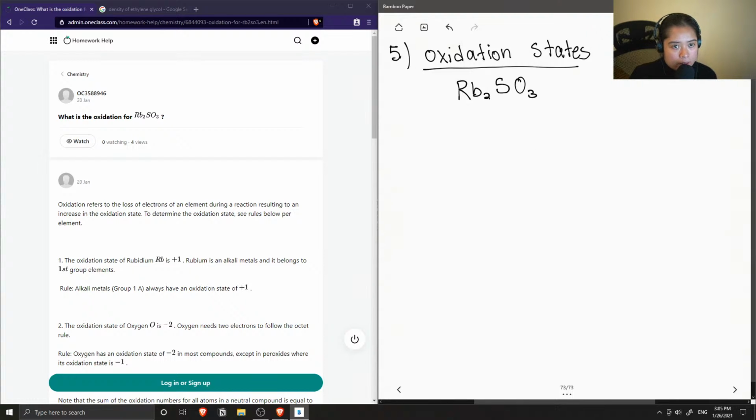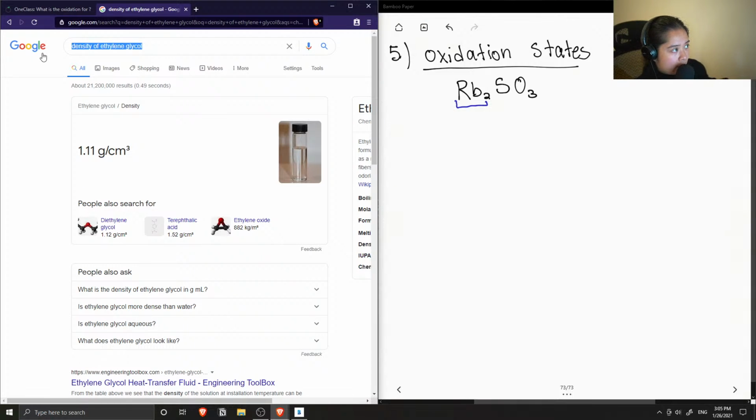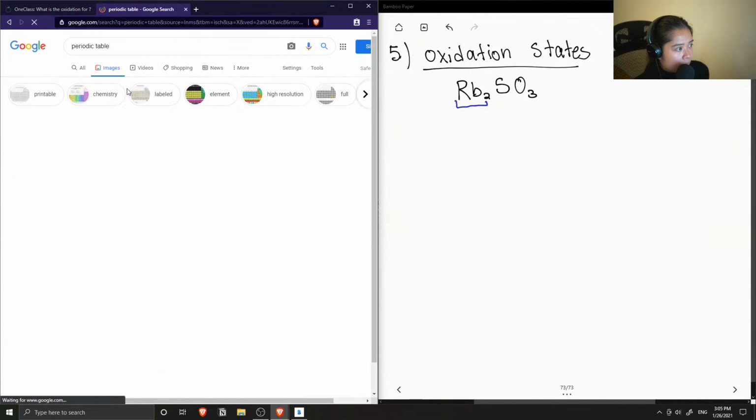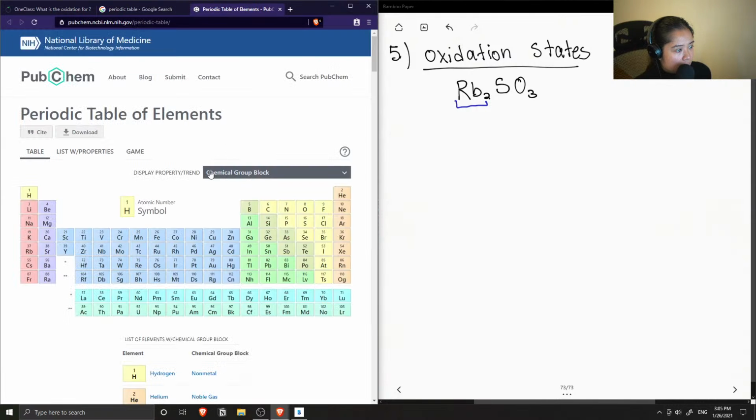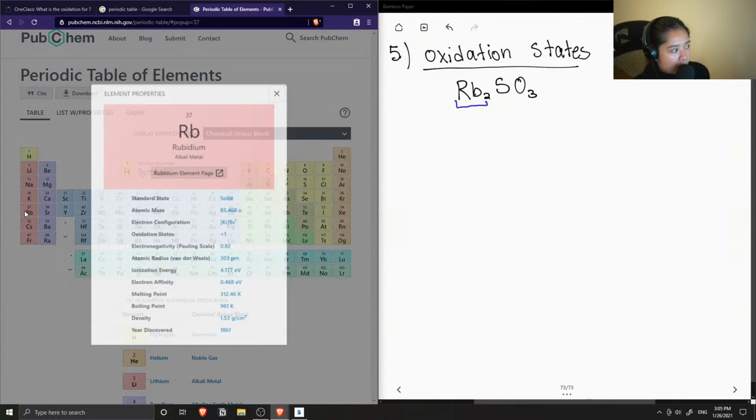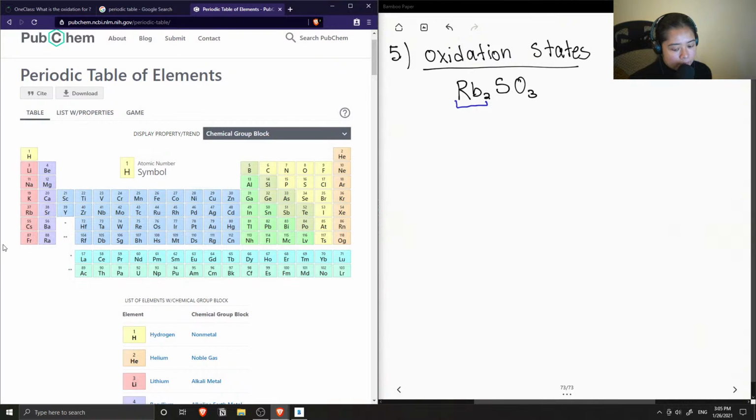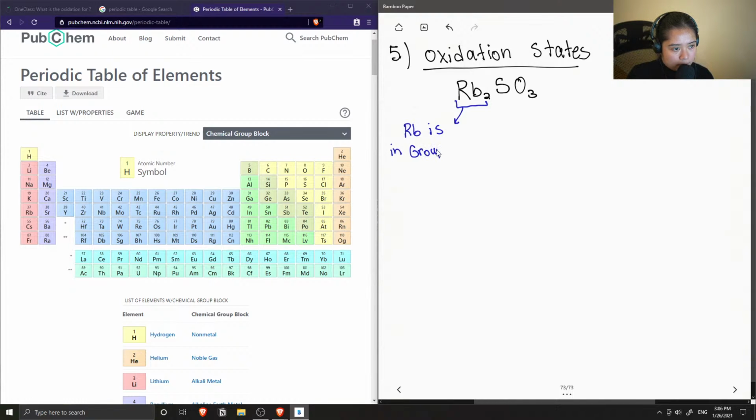So first let's look at rubidium. So if we go to the periodic table, we can find rubidium in group 1A.